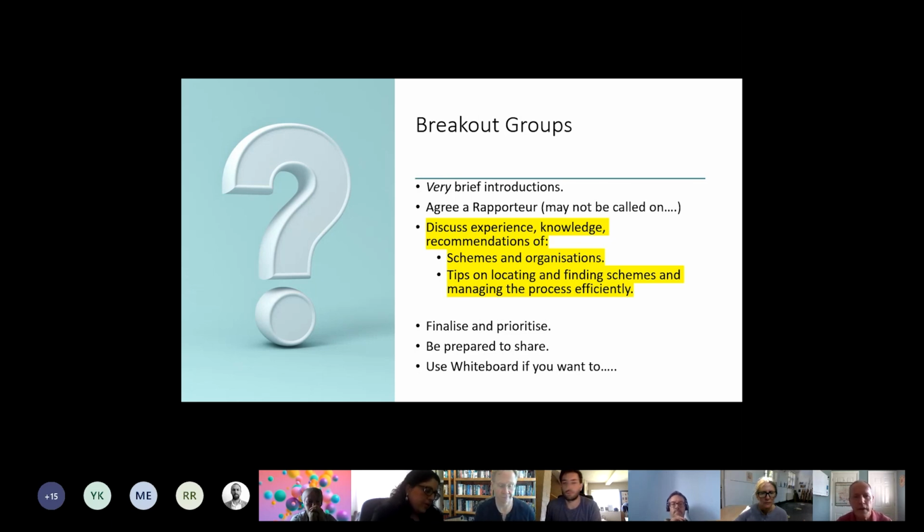In your breakout group, which will only be, I think, 10 minutes long, do very brief introductions and agree a rapporteur, but we may not have time to call on all the rapporteurs. What I'm mainly concerned with is that you get an opportunity to share some experience or knowledge of schemes and organisations that you've tried or have found either helpful or not. Rather than go into the detail of those, what tips can you share with each other about locating and finding them in the first place, and then managing that search activity?